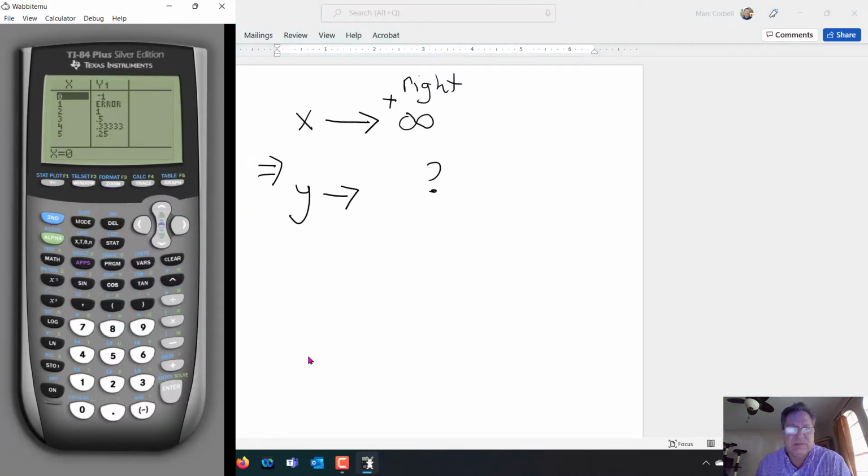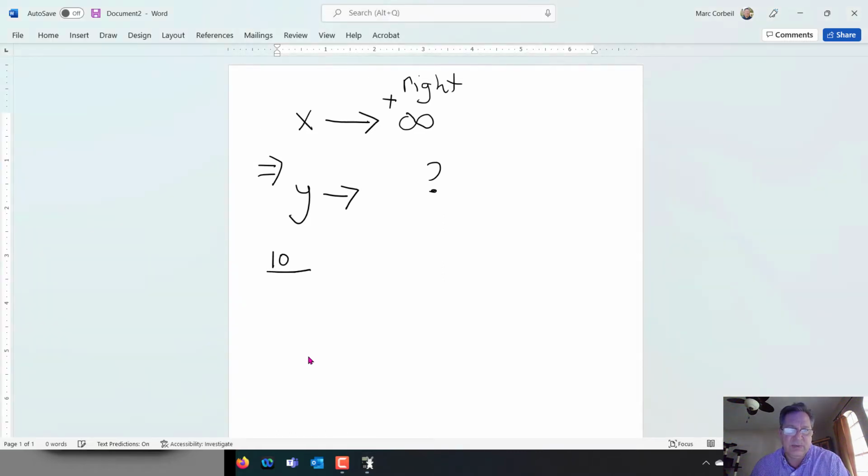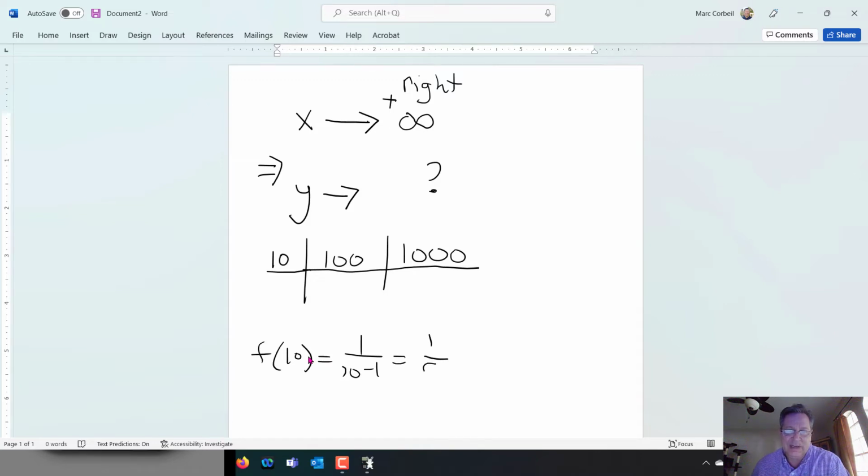And now I'm going to use my go-to values. My go-to values I can use either in a table, which are 10, 100, 1000. Those are kind of my go-to values. I can do f of those. So f of 10 is going to be 1 over 10 minus 1, which is 1 over 9.